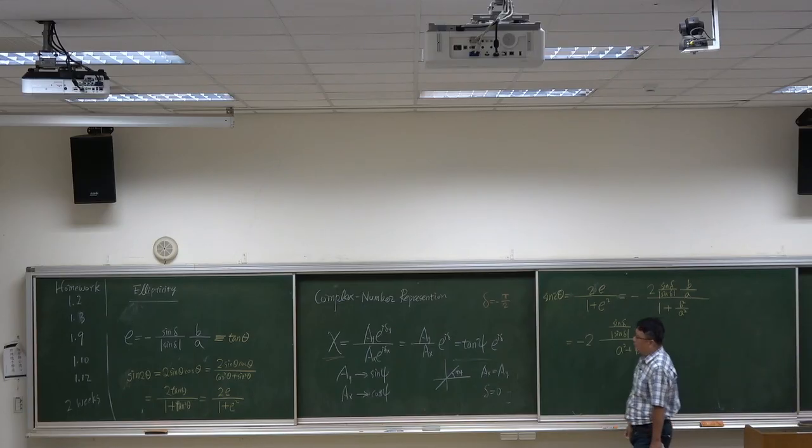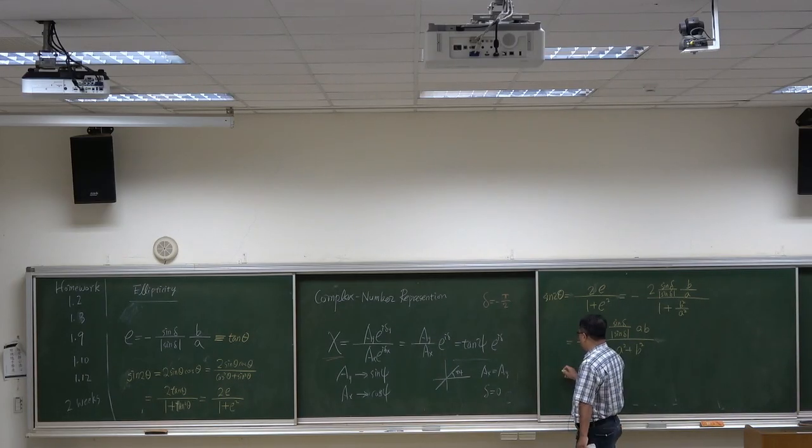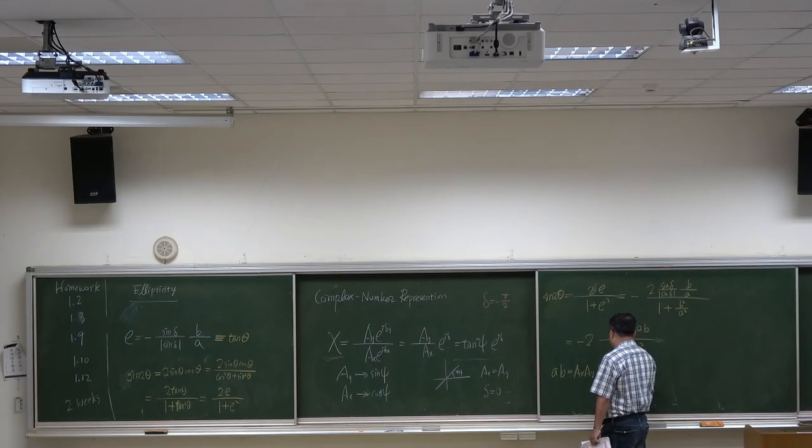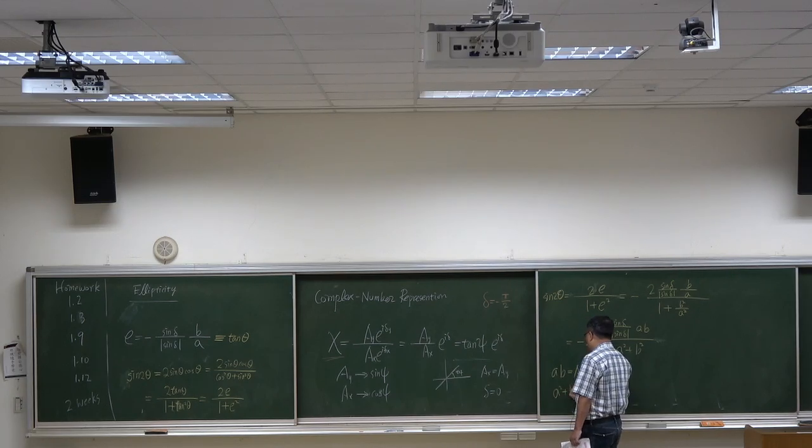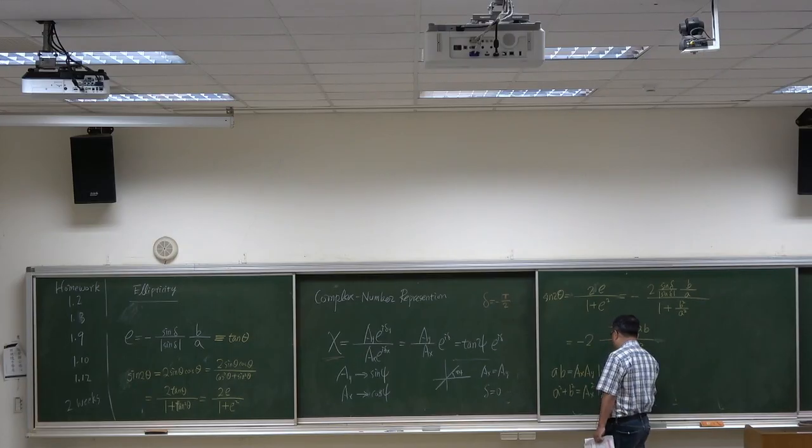Remember that I have told you that A times B is equal to AX AY times the absolute value of sine delta. And A squared plus B squared is nothing but the sum of AX squared plus AY squared. Okay.